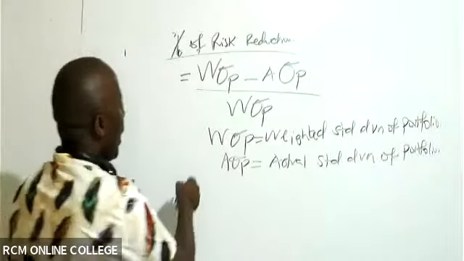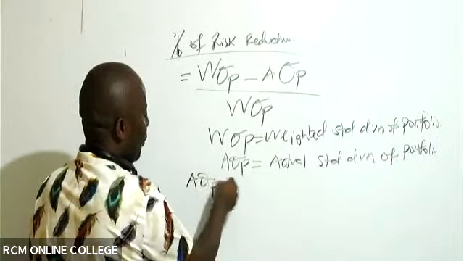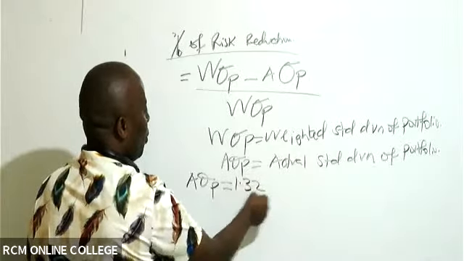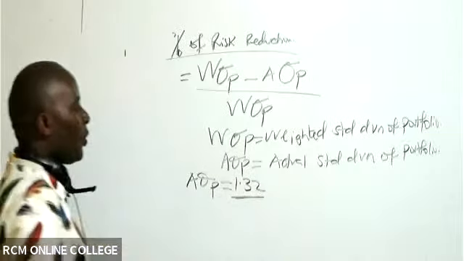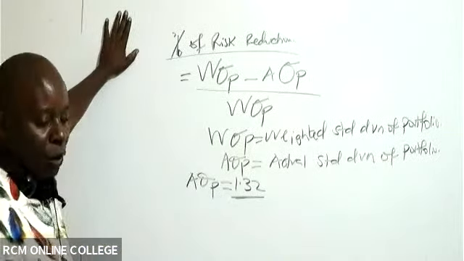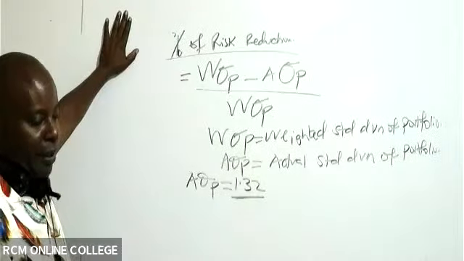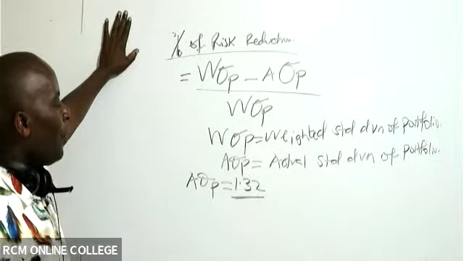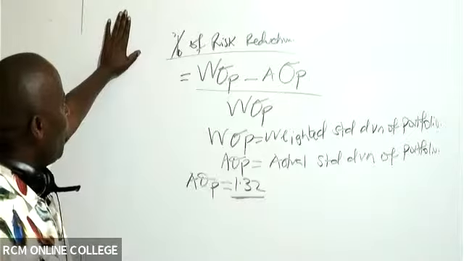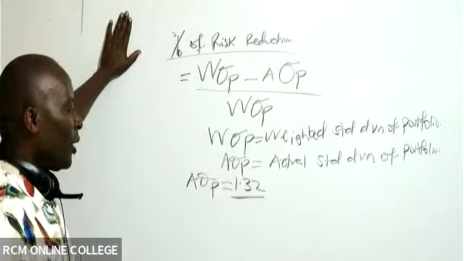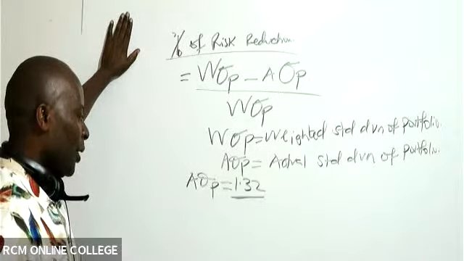So already we have the actual. The actual standard deviation of the portfolio we've gotten is 1 point what here? The one we got up there is the real one, is the actual. So whenever you're asked to get the standard deviation of the portfolio, you should be computing the actual.